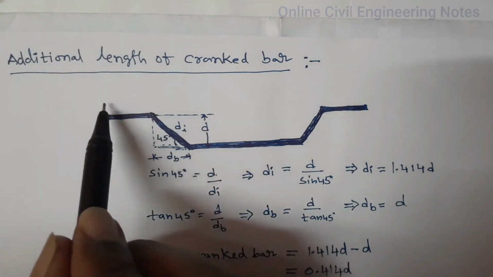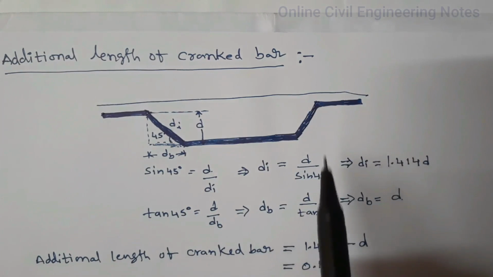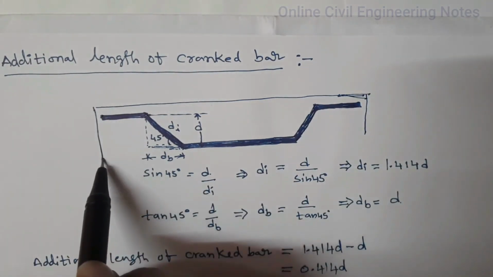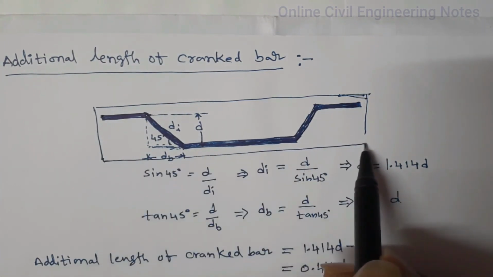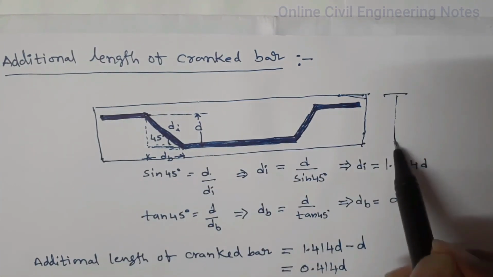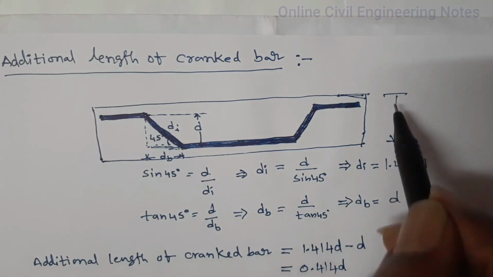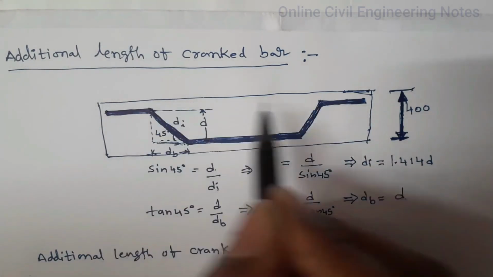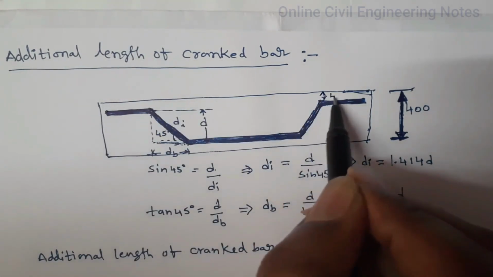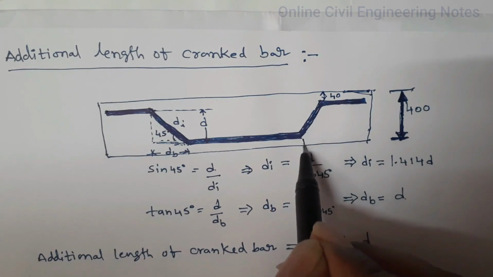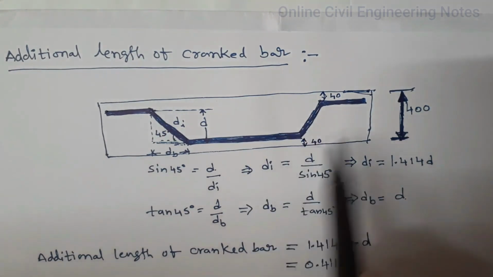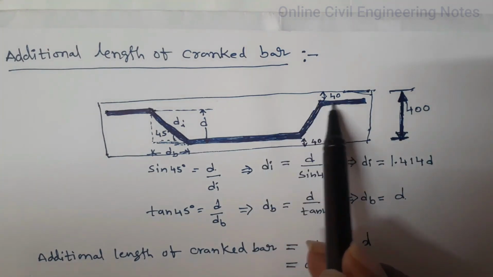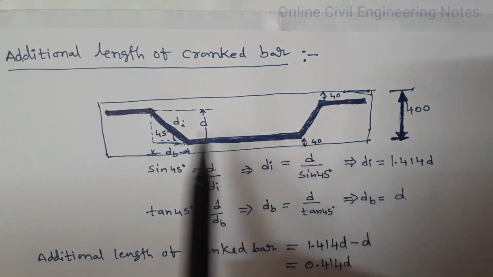Overall depth of the beam is 400. This is 400. Top and bottom end covers are 40 and 40. So 400 minus 40 minus 40 minus half of dia here and minus half of dia here.